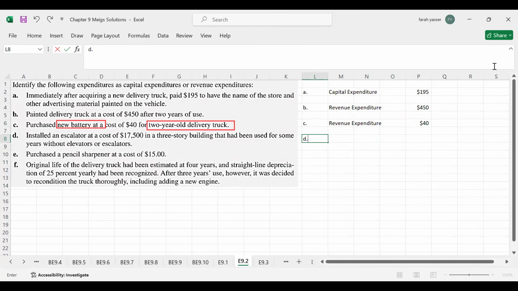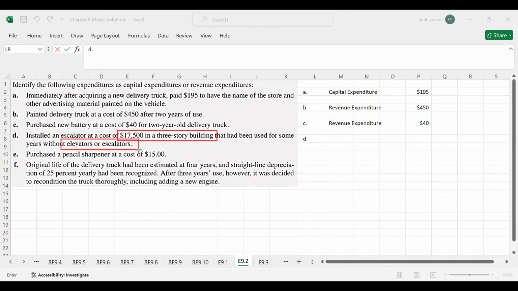Then the next example: install an escalator at a cost of $17,500 in a three-story building that had been used for some years without elevators or escalators.